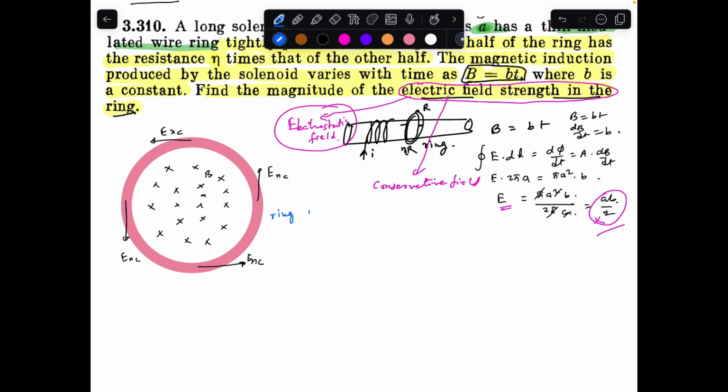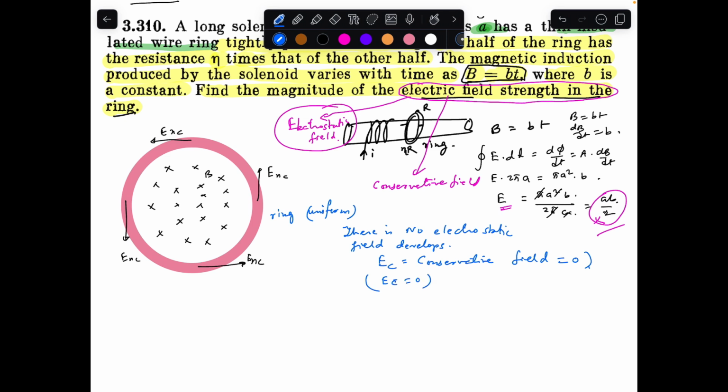Okay, so I am assuming this ring is uniform. Whenever this ring is uniform, there is no electrostatic field that develops, that means conservative field. This conservative field will be 0.